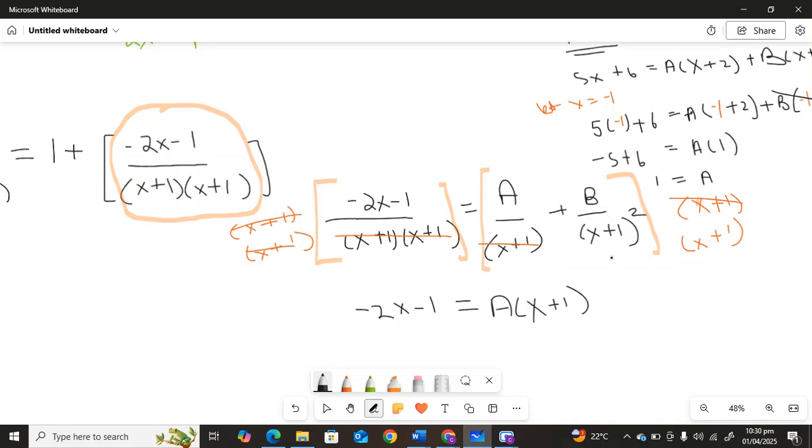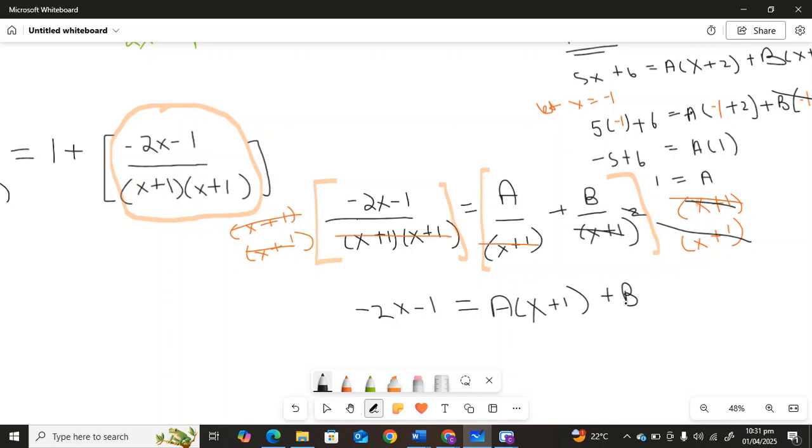B, this side, also we're going to multiply it by x plus 1 times x plus 1. So they all cancel each other out here. Okay. So you just remain with the B by itself like this. Yes.